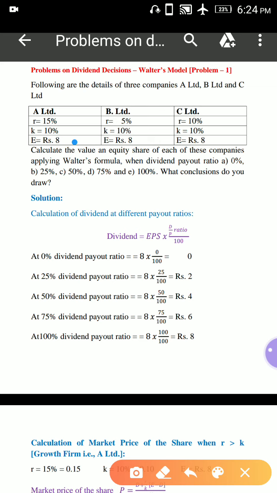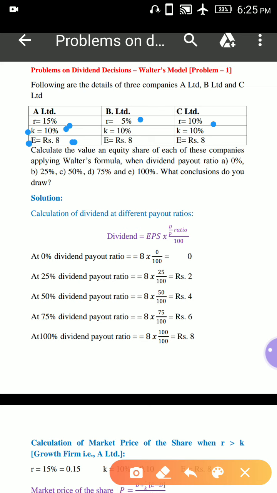See here, R 15%, K 10% and earnings per share 8 rupees. In this problem, K value and E value will be the same. Only the R value will change: 15%, 5% and 10%. R values are 15%, 5%, 10% respectively.